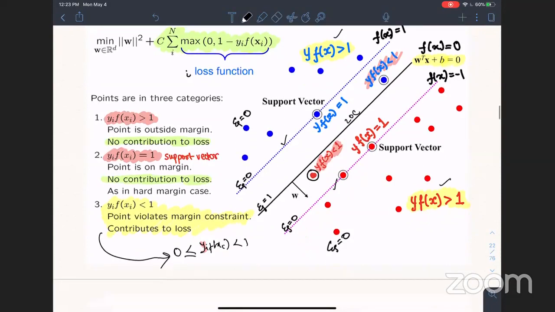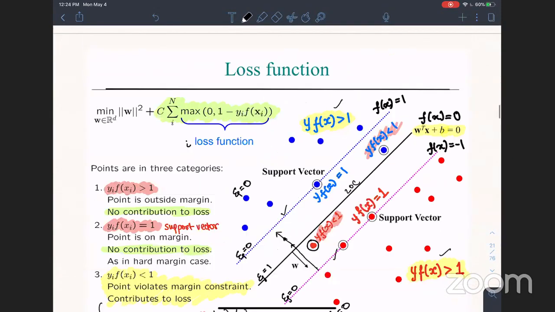But now, what would happen if y_i(fx_i) is negative? You can see that 1 minus y_i(fx_i) is becoming greater than 1, right? Its magnitude is greater than 1. So you are now starting to cross this decision boundary, even if you are a red sample.